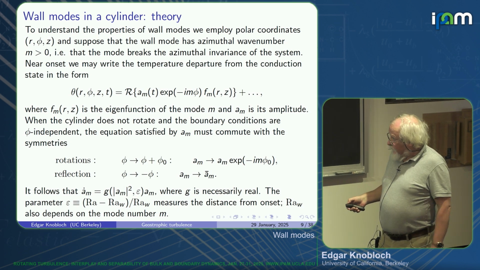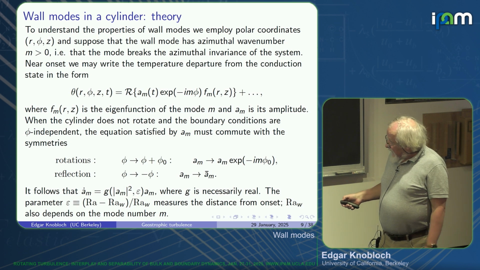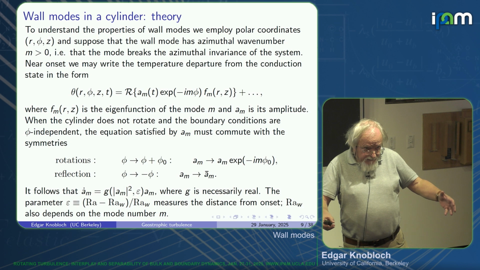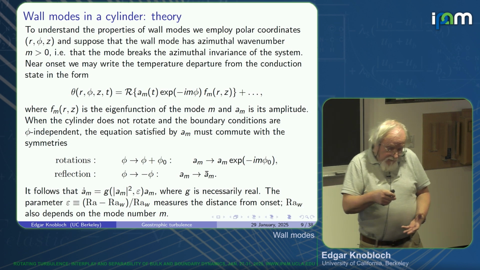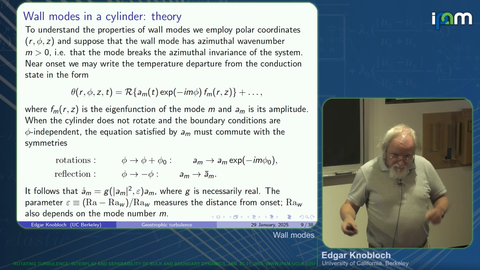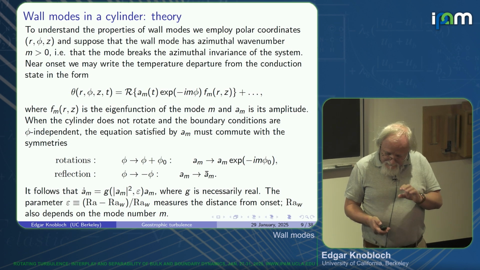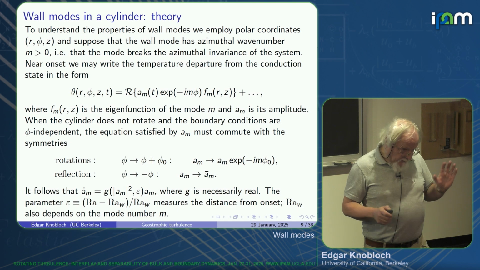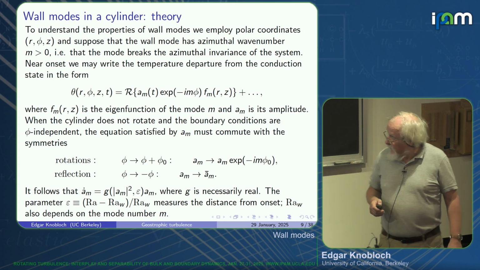Phi is the azimuthal angle, m is the mode number. And then there is some spatial eigenfunction, which depends on the radius and the height, and through that dependence you're sensitive to the boundary conditions. But the exact form of f is immaterial for this argument, so it works for any set of boundary conditions.